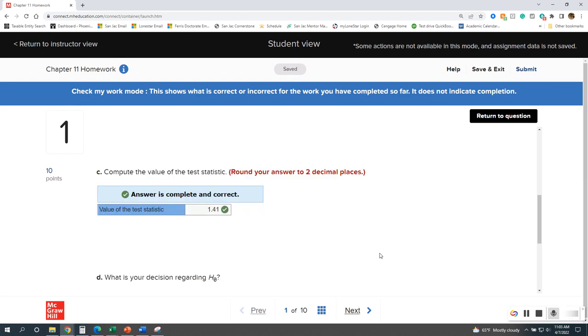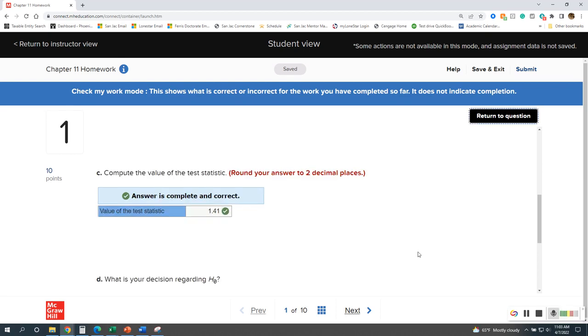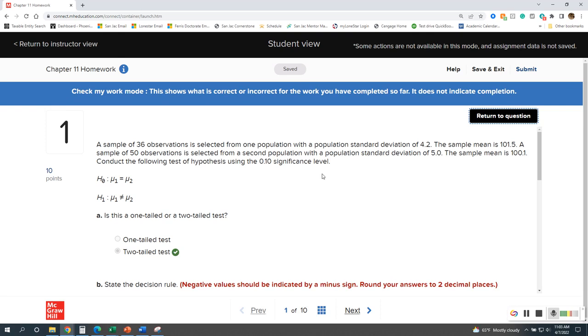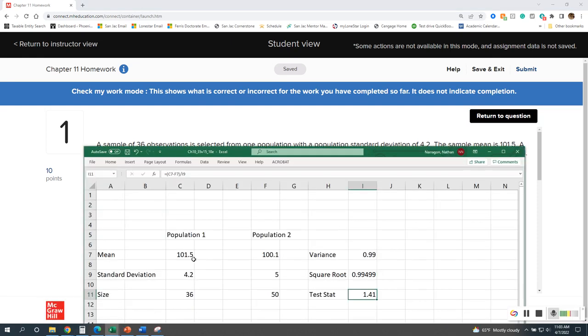We can check. And there we go. Now, every time that I have something with population and it gives me all the information, I have an Excel document that I can insert the numbers and have it calculate for me, where I can test it out to see if it's correct.